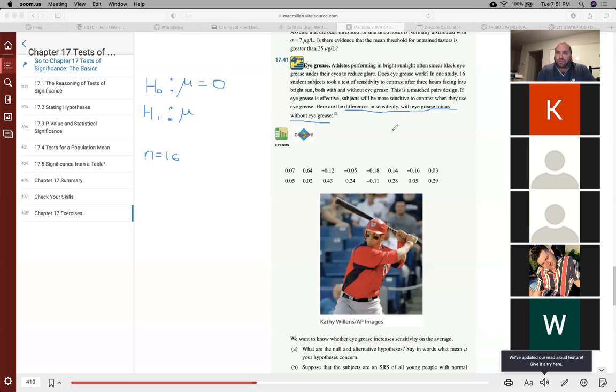On the other hand, if iGrease does work, then the sensitivity with iGrease should be greater than sensitivity without iGrease, right? And therefore, mu should be what?